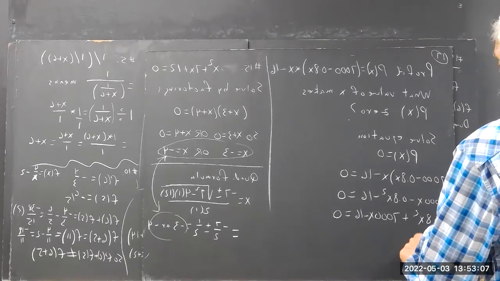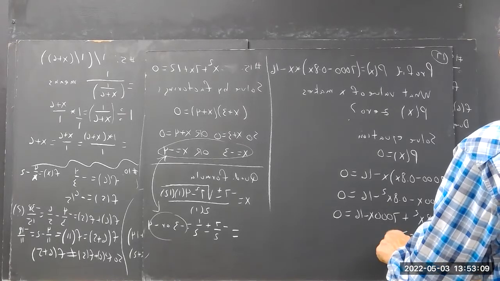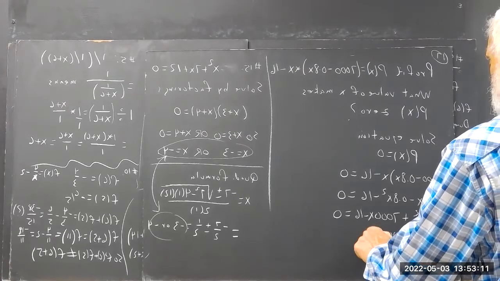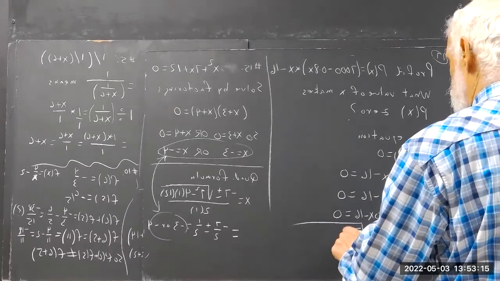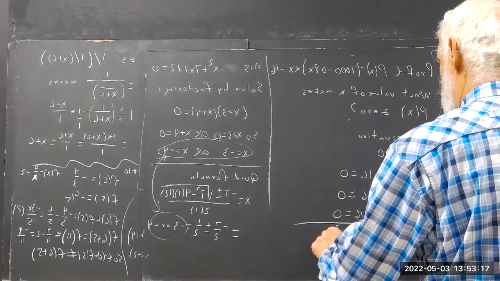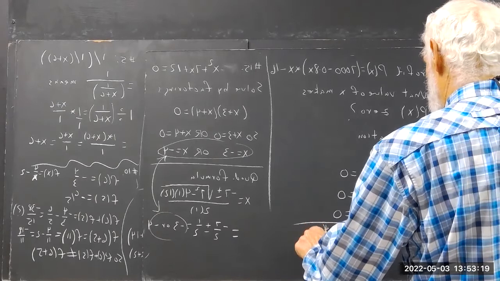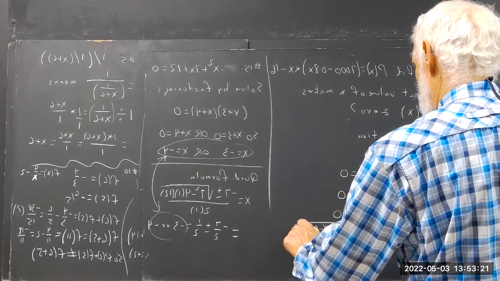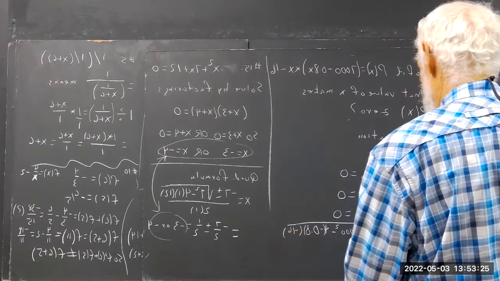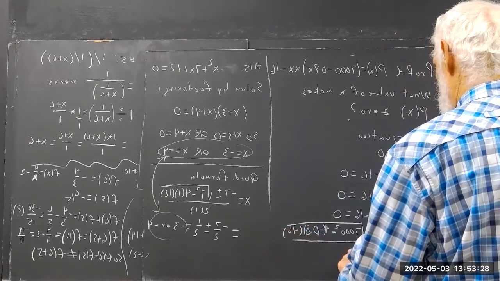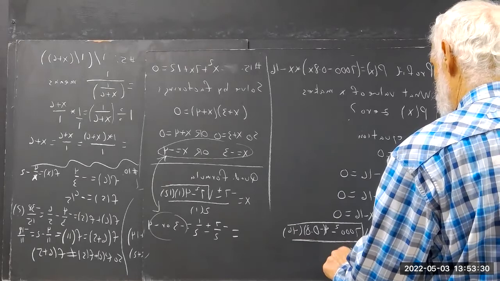And now you can solve it easily. x equals negative 7,000 plus or minus the square root of 7,000 squared minus 4 times negative 0.8 times negative 16. All that over 2 times 0.8.